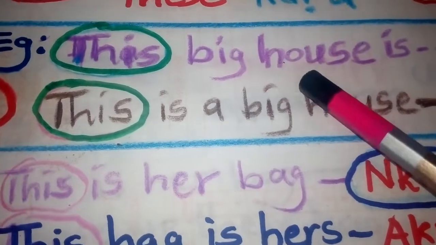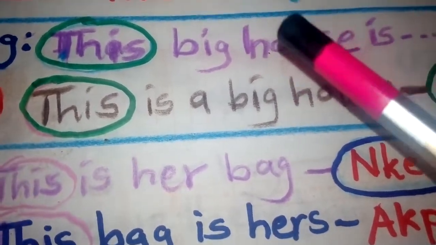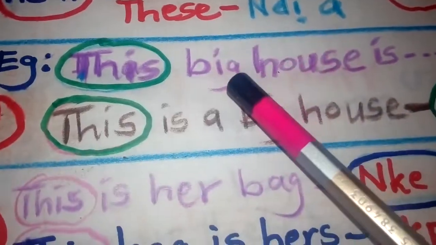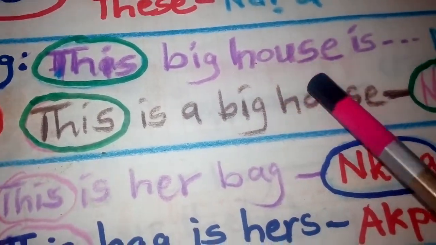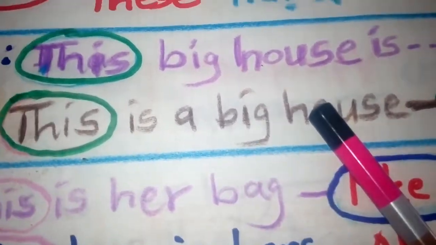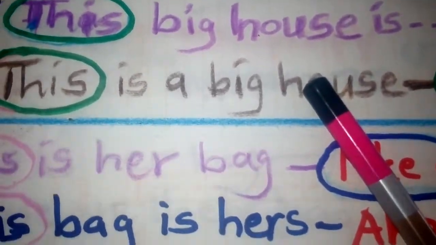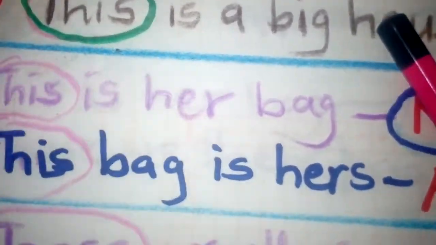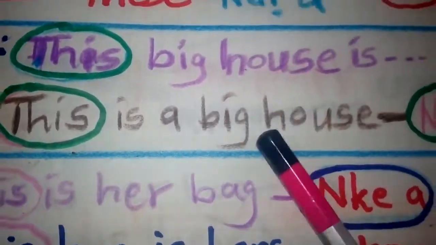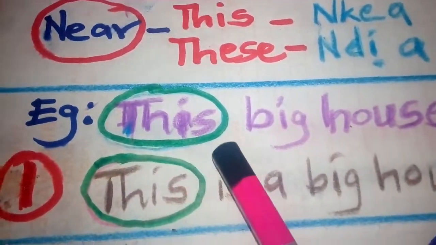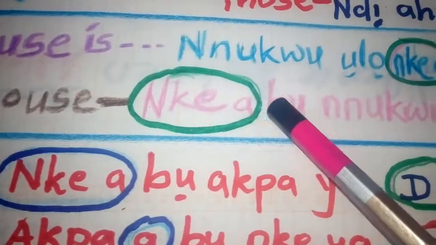Are you seeing the difference? He must have the noun or the pronoun he's trying to describe by his side, to make himself a demonstrative adjective with the pointing words.